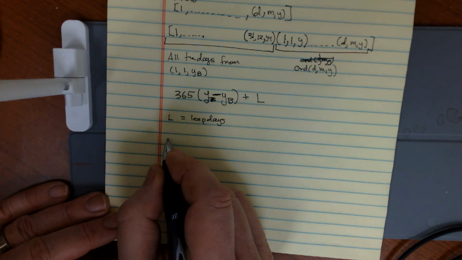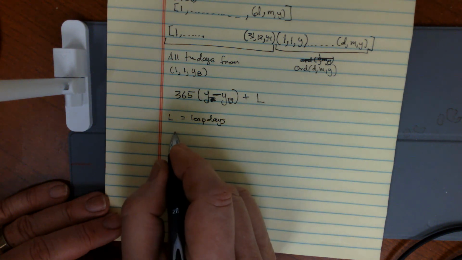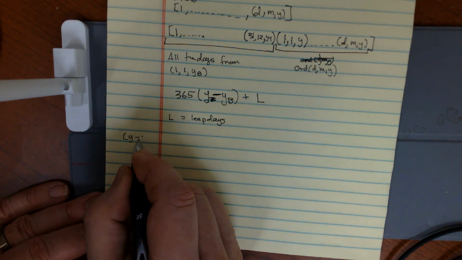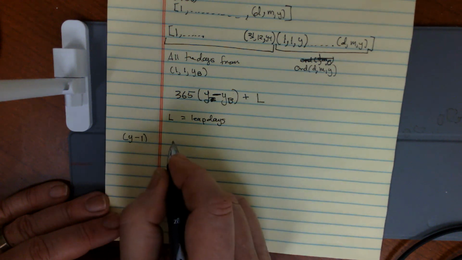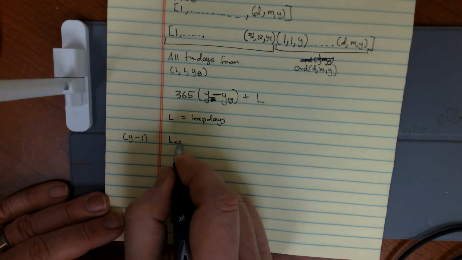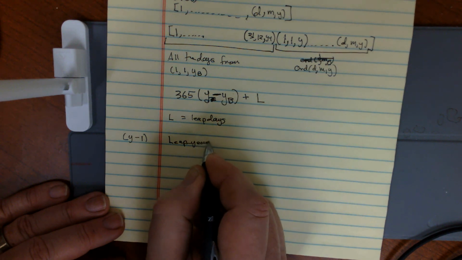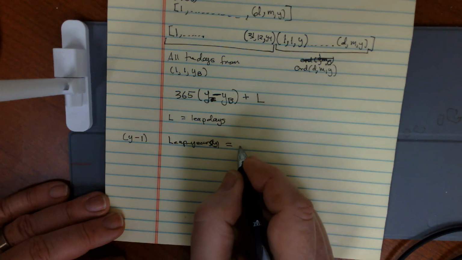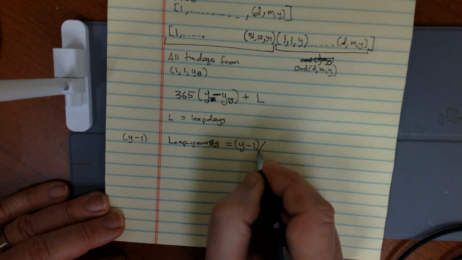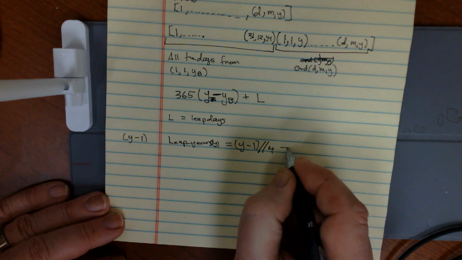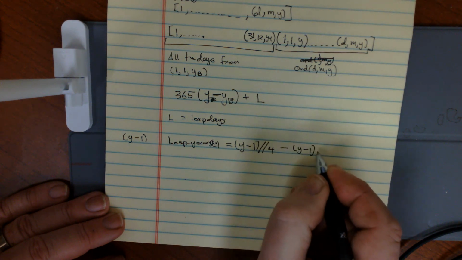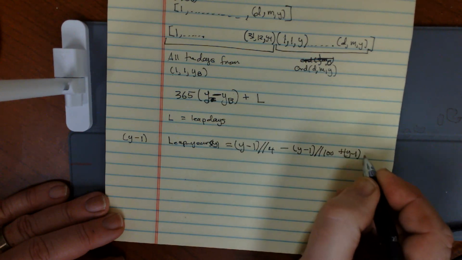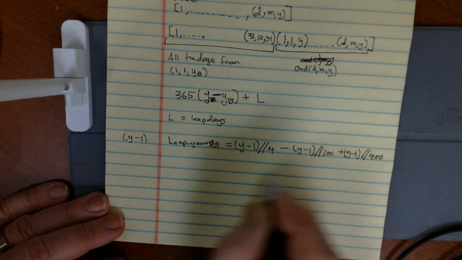The number of leap years in the interval from 1 to Y minus 1 inclusive will be leap years of Y, which is (Y minus 1) integer divided by 4, minus (Y minus 1) integer divided by 100, plus (Y minus 1) integer divided by 400.